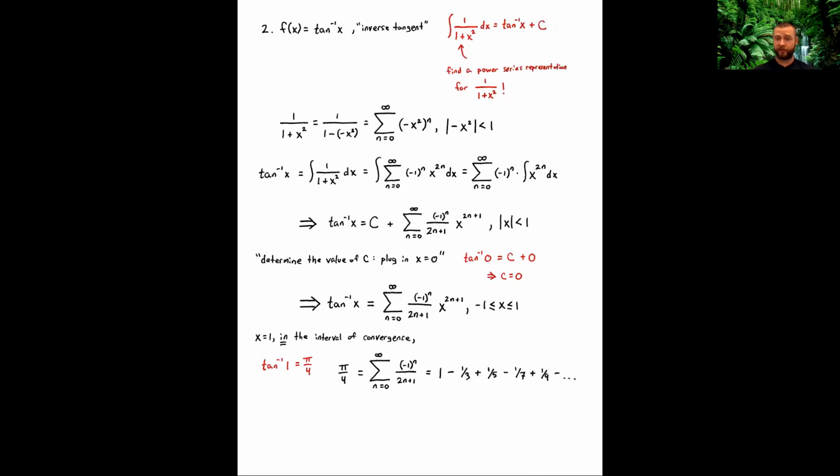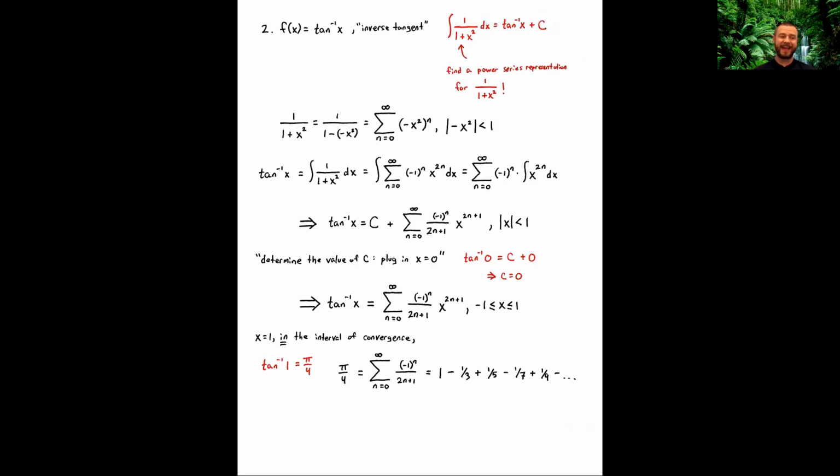That's within our interval of convergence. If you think back to pre-calc, tangent of pi over 4 equals 1. Either think of your special triangles or the unit circle. Now you can switch that around. Instead of saying tangent of pi over 4 radians equals 1, you can rewrite that inversely as inverse tangent of 1 equals pi over 4.